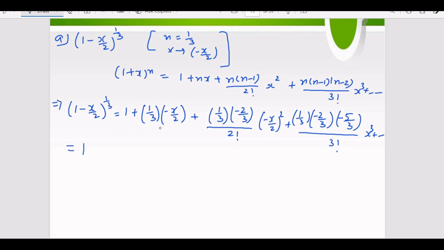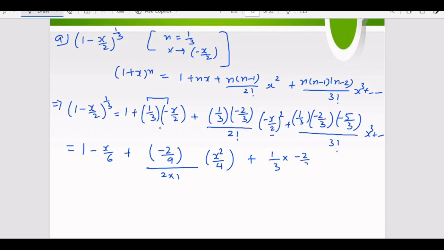So now we will rewrite this. 1, when you open this, is going to be minus x over 6. Then we have plus, here we will get negative 2 over 9, and over we have 2 times 1, that is the factorial, and also we have x squared, this becomes 4, then plus 1 over 3 over 3 times 2 times 1.